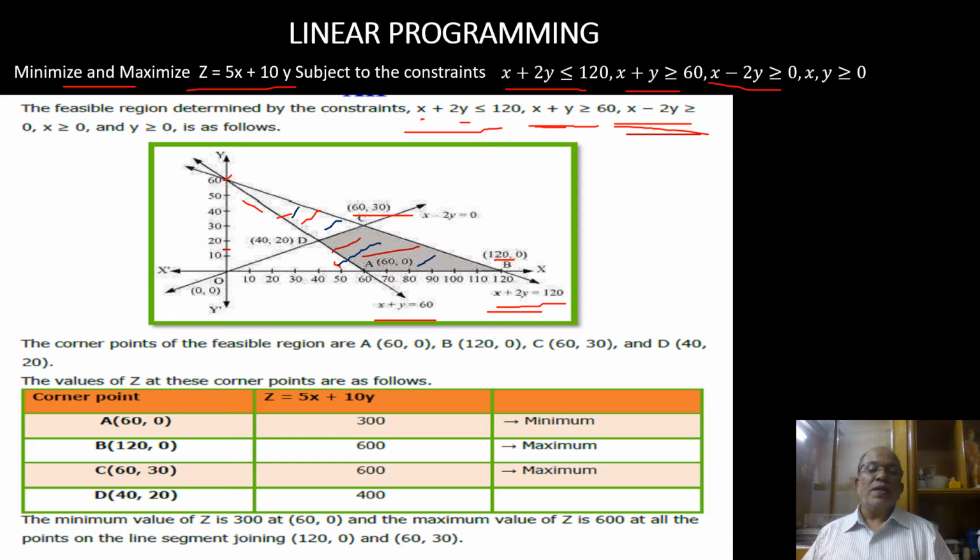So this area will not be included. Clear? And suppose we take a point from here, either 40 comma 0 or 100 comma 0. With 40 comma 0, we get 40 greater than 0, correct. When we put 100 comma 0 in this line again, we get 100 greater than 0.